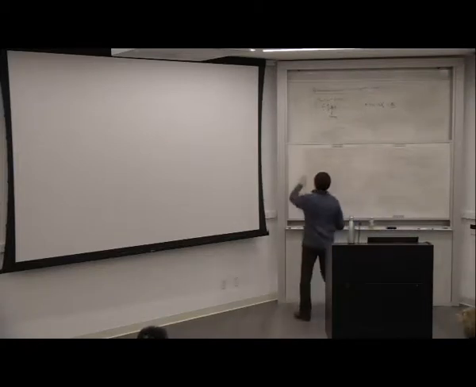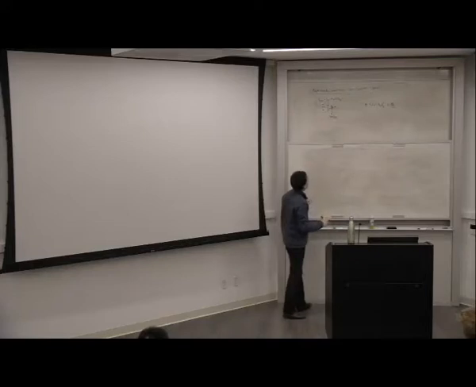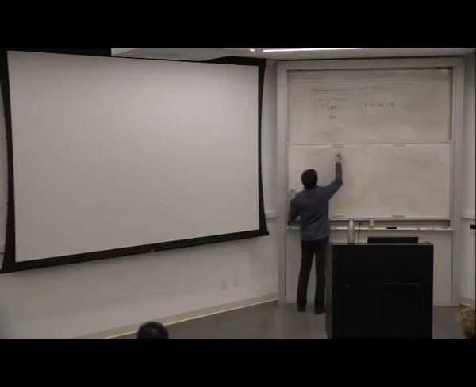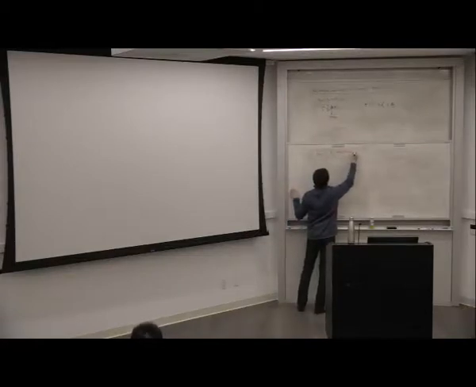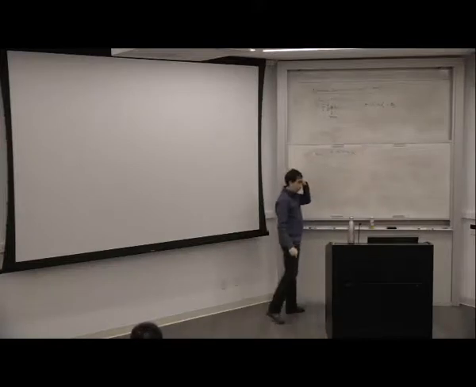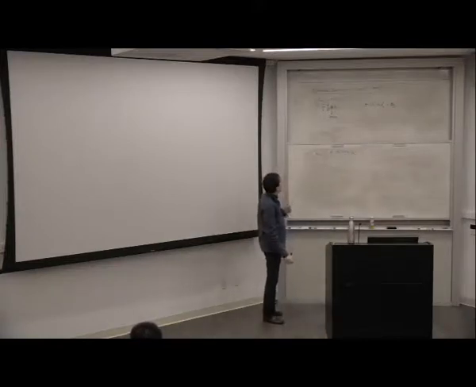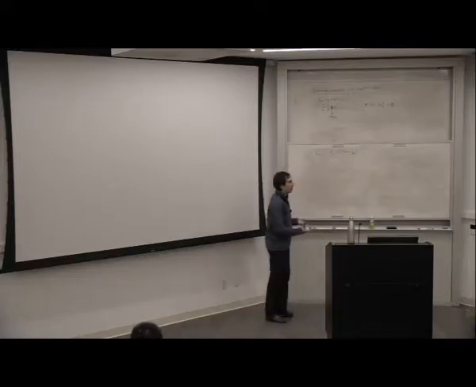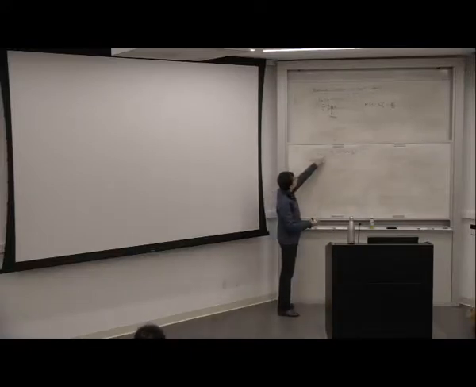Okay, so this is a very simple thing. This is what we have in gradient descent, right? x t plus 1 is x t minus alpha t times the gradient g of x t and zeta t. So let's do the same calculation we did before. I'm going to subtract x star and then square both sides.